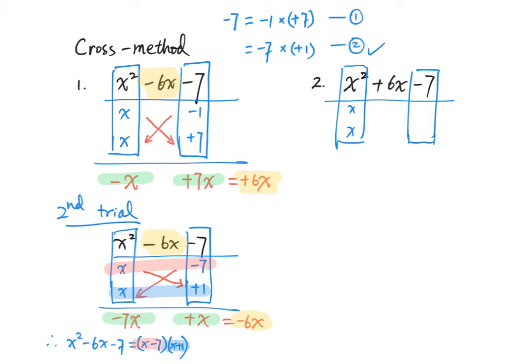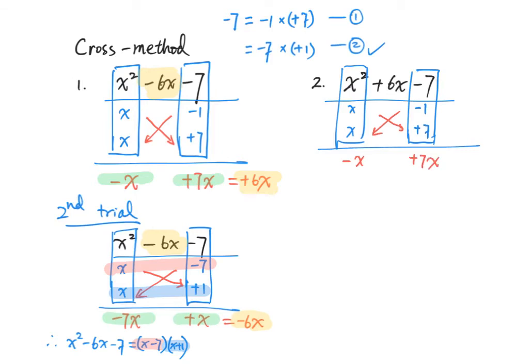So for the first question, the second way is correct. For question 2, we choose the first way to factorize -7, which is -1 times +7. So -1 times x is -x, and x times +7 is +7x.